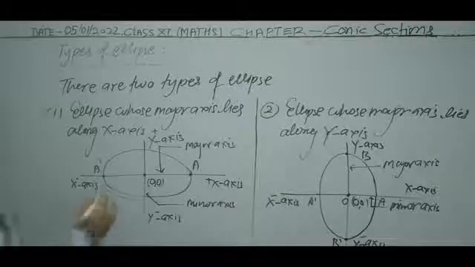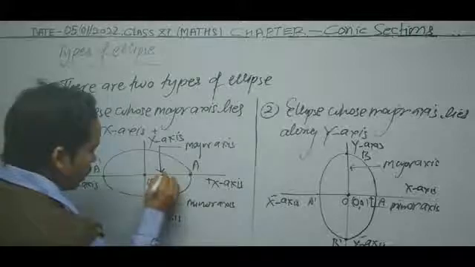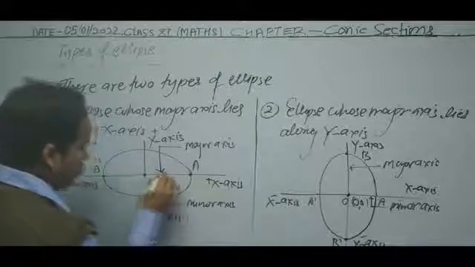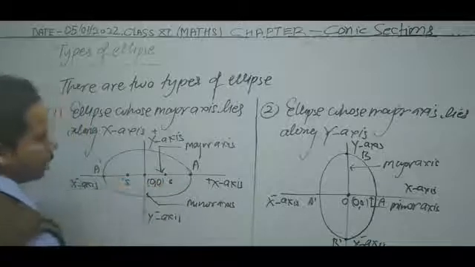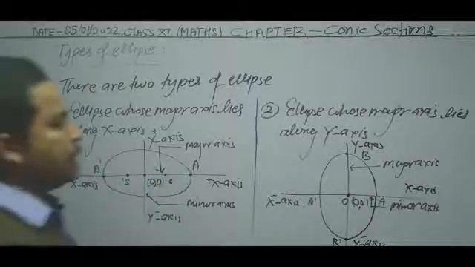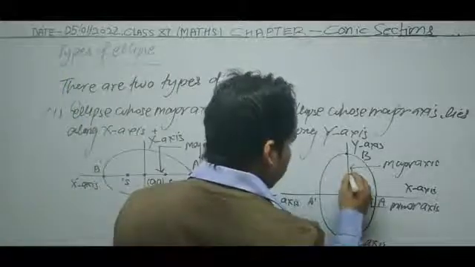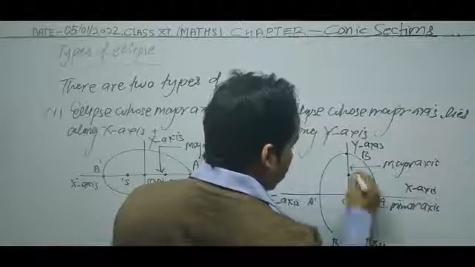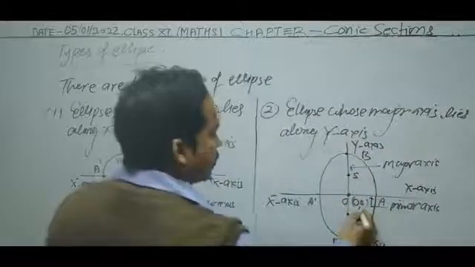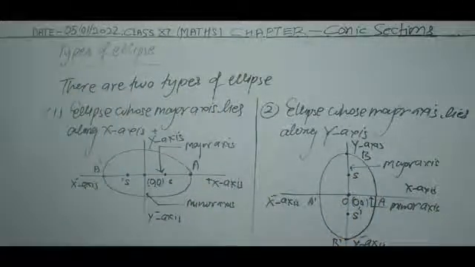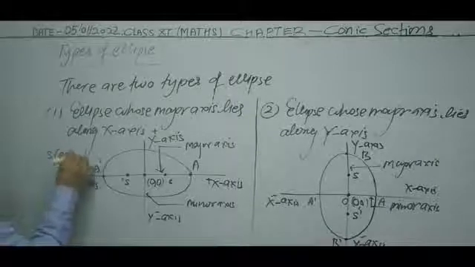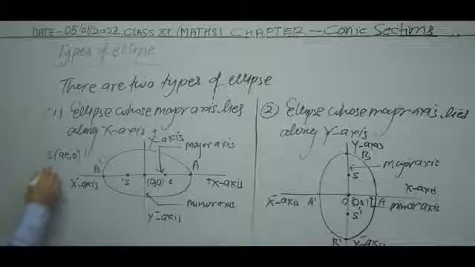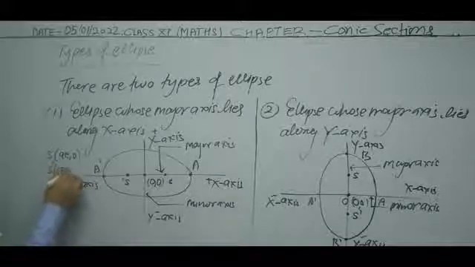You know, on the major axis the foci will lie. So there are two foci, S and S dash. Similarly, there will be two foci on BB dash. Here S coordinates are a comma 0 and S dash coordinates are minus a comma 0.